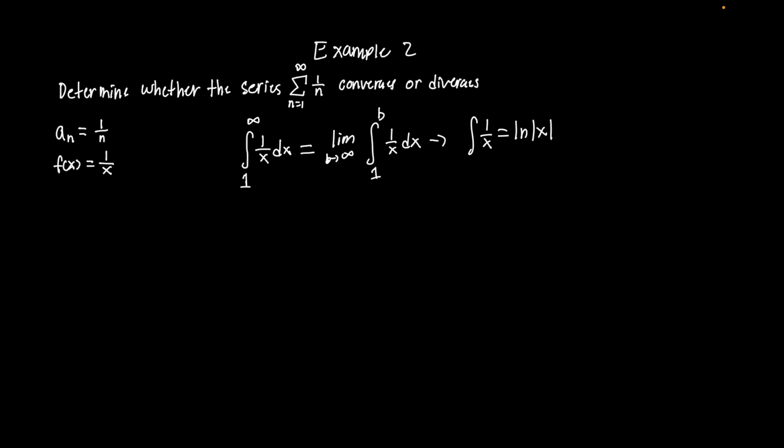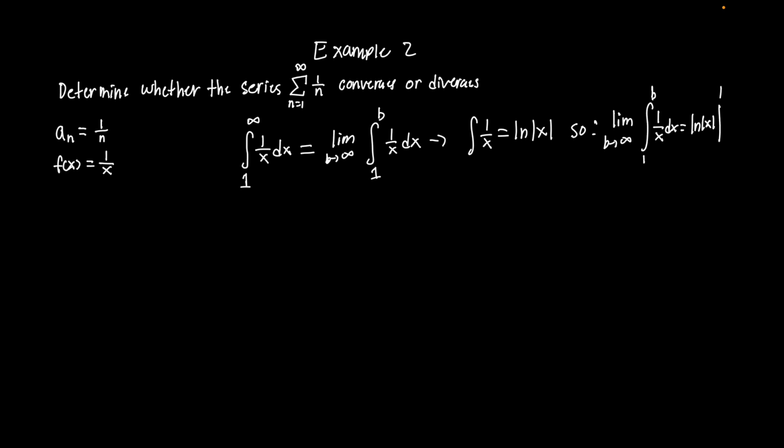Therefore, this is just going to be the limit as b approaches infinity of the integral from 1 to b of 1 over x. Oops, I forgot the limit sign. Sorry, I'm running out of room, so I'm trying to write small.